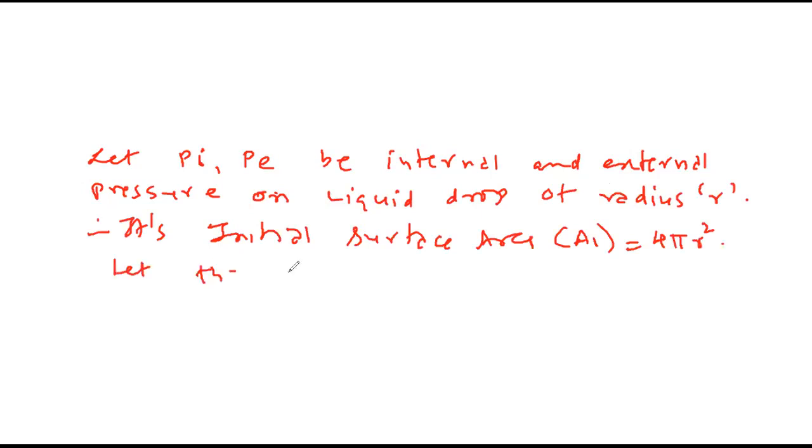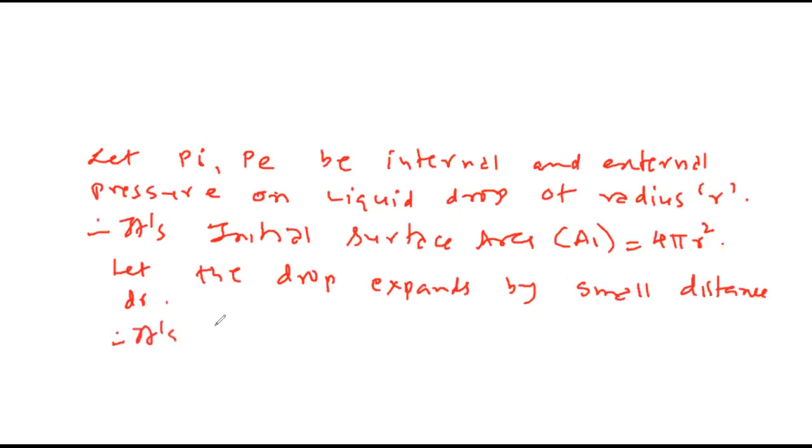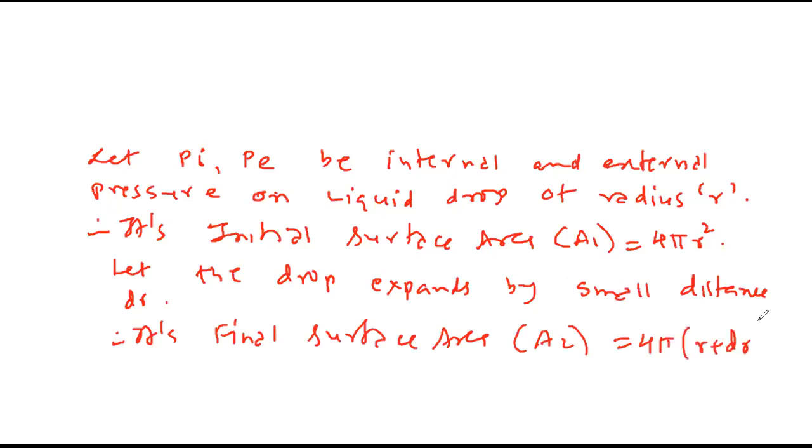Let the drop expand by a small distance dr. Therefore, its final surface area A2 will be 4 pi (r plus dr) the whole square, that is equal to 4 pi (r square plus 2r dr plus dr square).